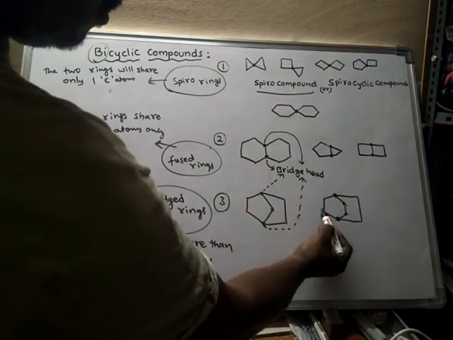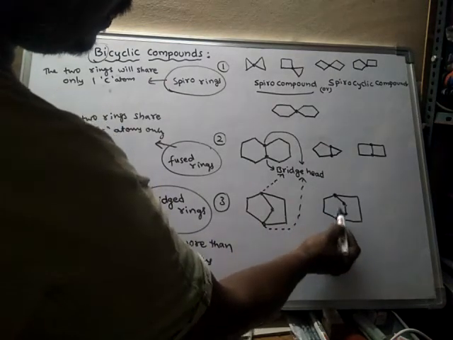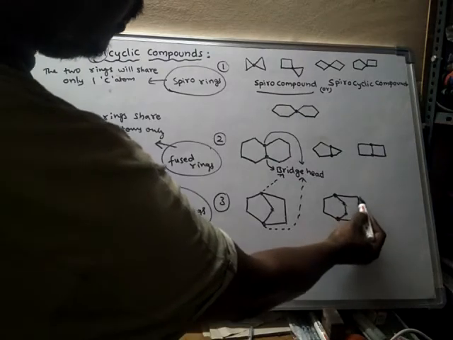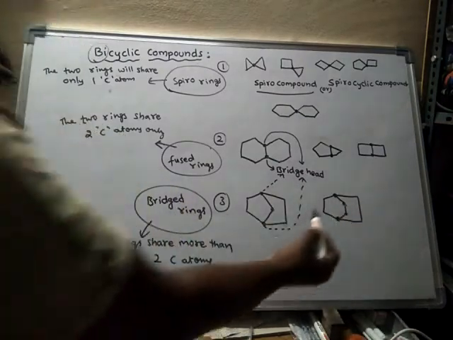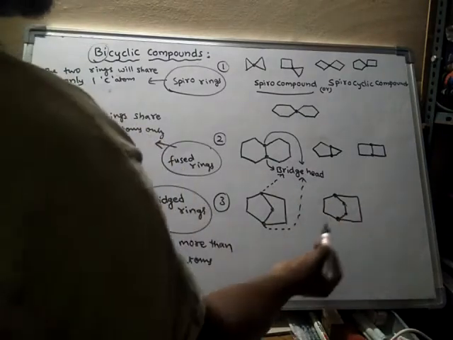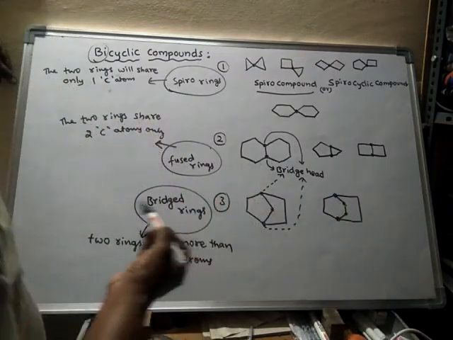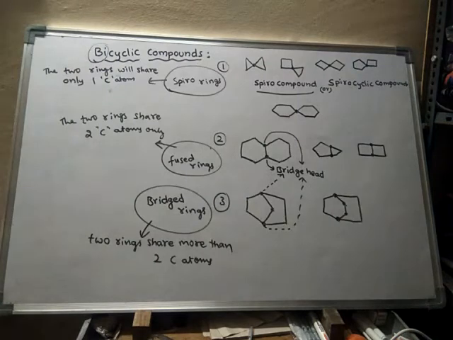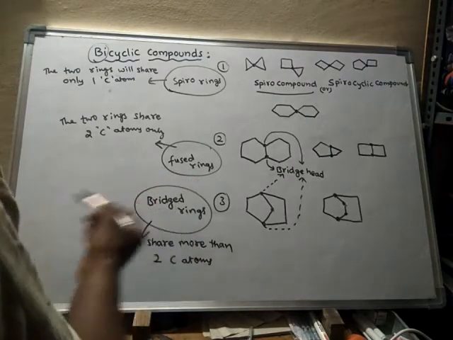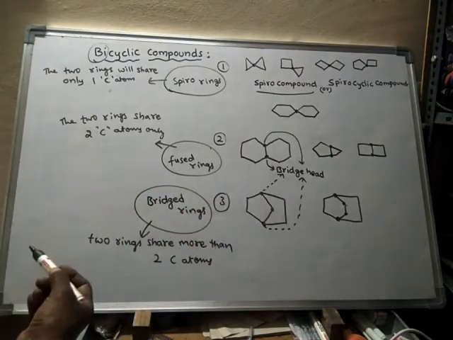Here also, 3 bridges are there. So these 3 bridges are joined by 2 bridge head carbons. So like this, in fused and bridged rings, you will find bridge head carbons.